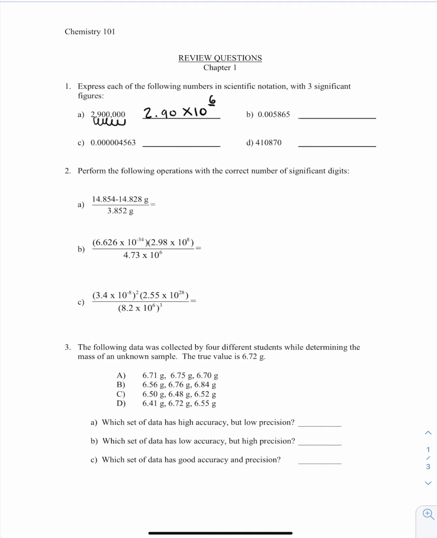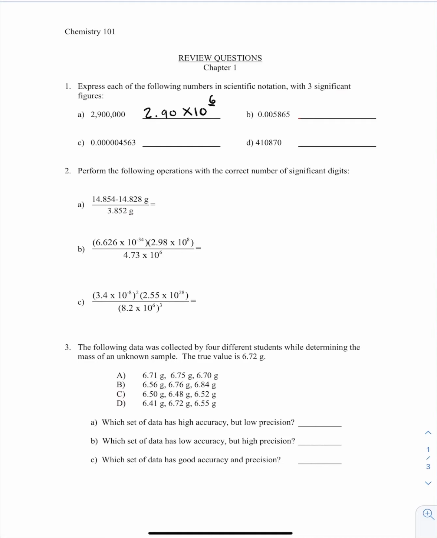Okay? So that's part A. So part B, we have a very small number, which is 0.005865. And again, the first thing we have to do is probably turn this into scientific notation because it's going to look so much cleaner.